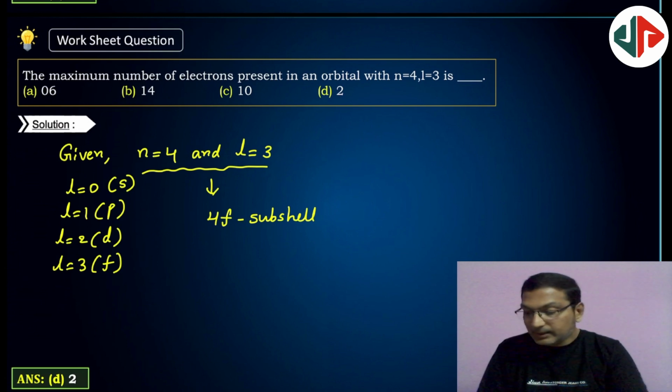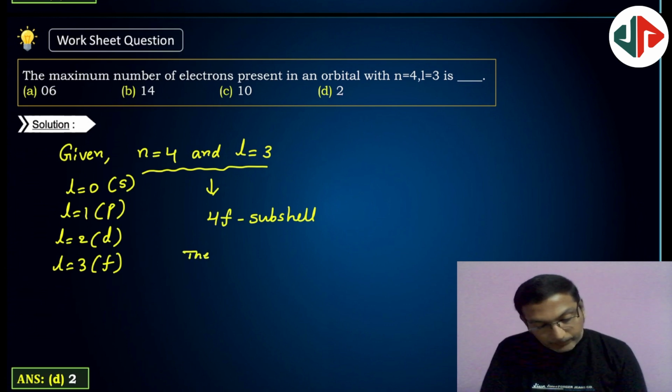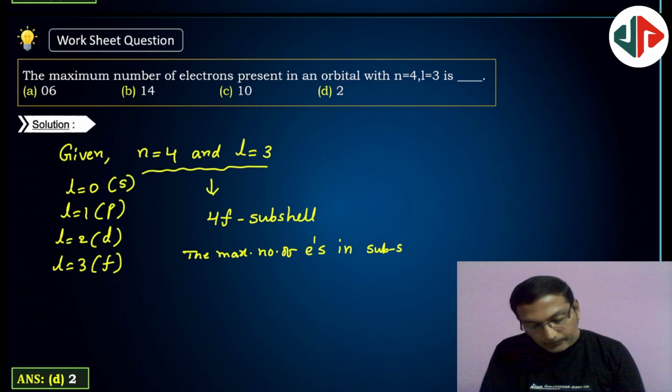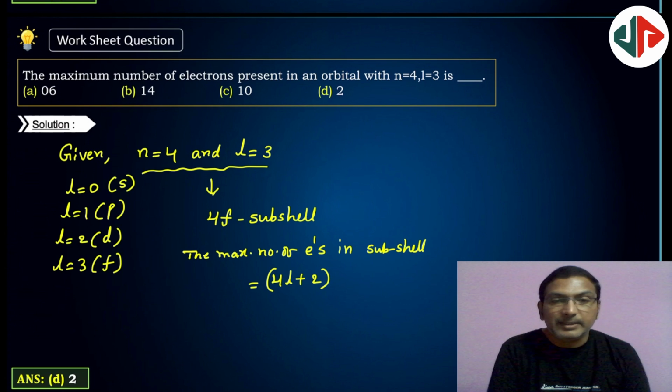Then how many electrons will be there in 4F subshell? So you know the maximum number of electrons in a subshell equal to 4L plus 2, or 2 into 2L plus 1.